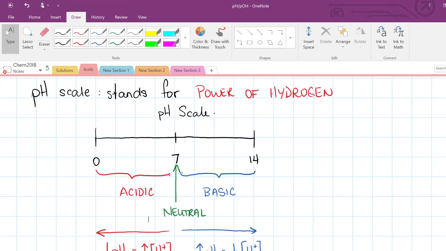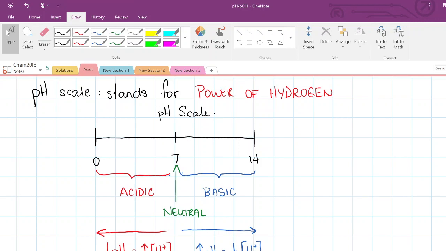And so if the solution is becoming more acidic, it means there's more hydrogen ions floating in solution. If there's more concentration of hydrogen ions, that means the pH value goes down. So it's an inverse relationship. The pH scale gets lower as the concentration of hydrogen ions gets higher. And for a basic solution, as the pH goes up, the concentration of hydrogen ions goes down.